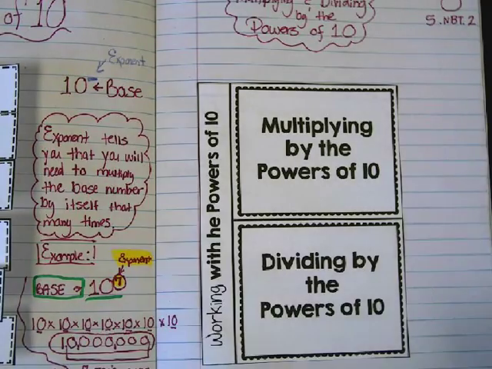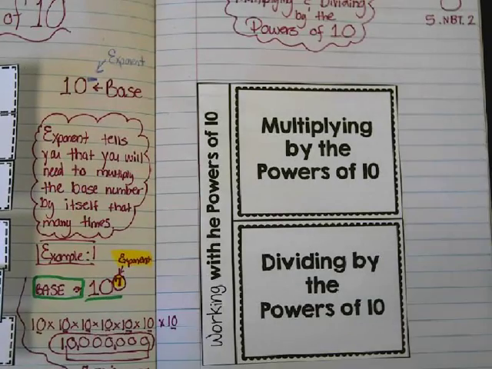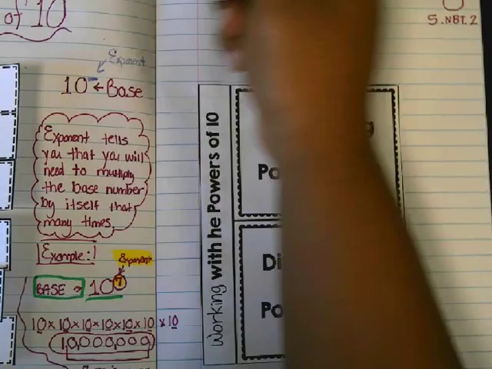All right, multiplying by the powers of 10, whole numbers. So let's go ahead and do an example. Let's go ahead and make a note.